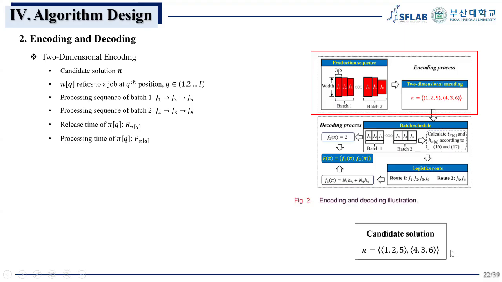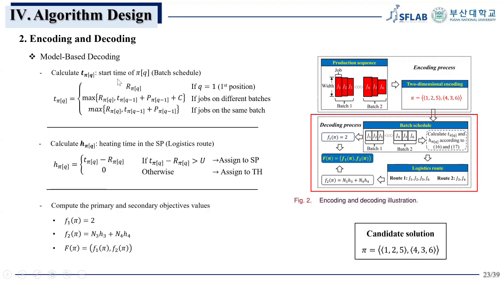The solution can be like this one, where different batches are grouped together. For example, pi 1 will equal job 1, pi 2 will equal job 2, pi 3 will equal job 5. And the processing sequence of each batch can be considered in the solution, in which the processing sequence of batch 1 will be job 1, then job 2, and job 5. The processing sequence of batch 2 is job 4, then job 3, and finally job 6. Based on the encoded solution, we can obtain the job release time and job processing time.